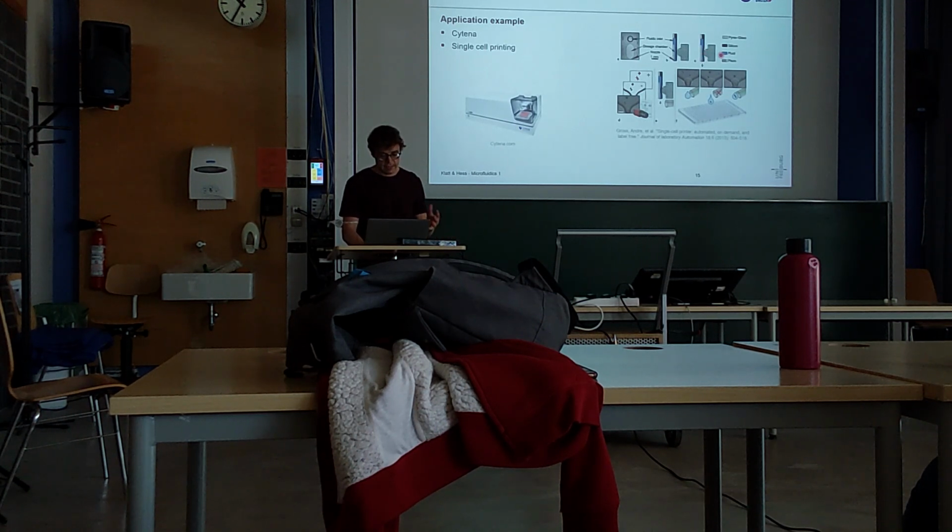They use the flexible membrane, they squeeze it, and by that they can dispense a defined volume of liquid, and they use this concept to print single cells. So they check if there is a cell in this droplet, and if there's not a cell, they remove it from the system. By this principle, you can really analyze single cells and understand what happens in a single cell and what differs between different cells, for example, in tumor analytics.